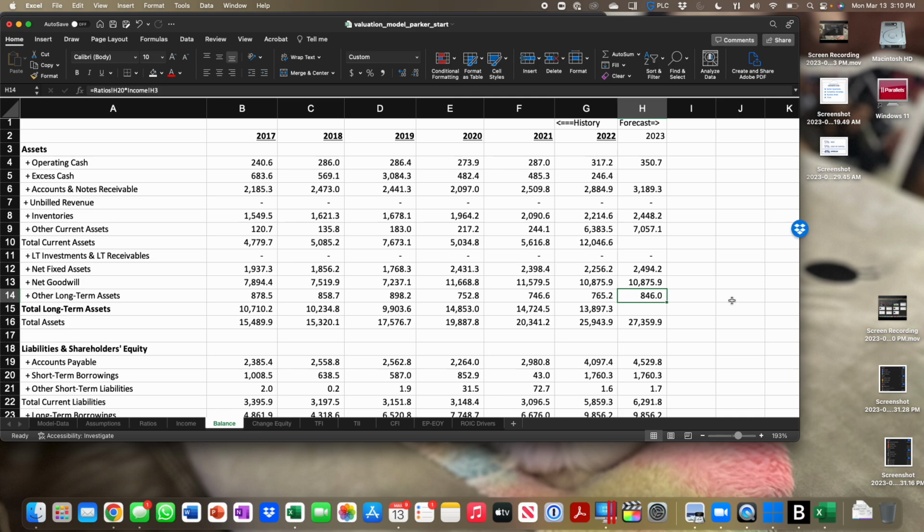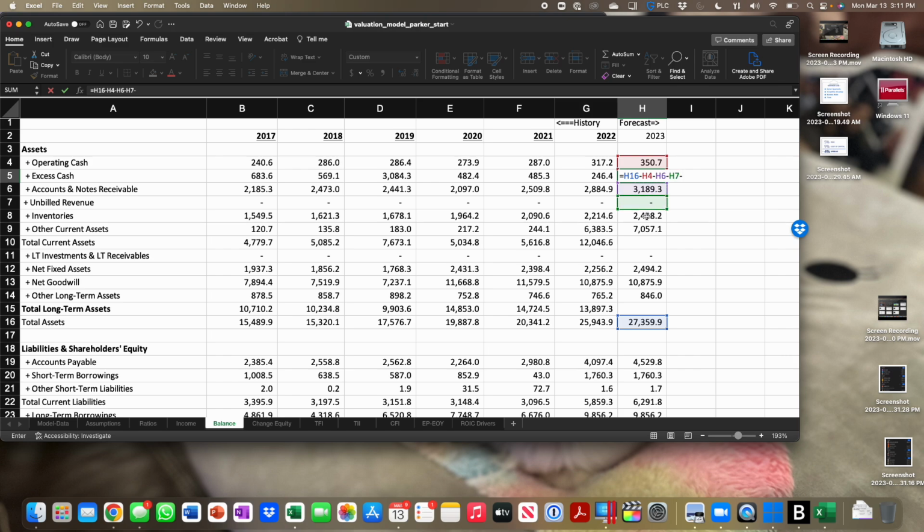Almost done. So now we are ready to plug for excess cash. Here's how we plug for excess cash. H5 equals total assets, which is 816, minus all the other assets. Minus operating cash, H4. Minus accounts receivable, H6. Minus unbilled revenue, H7.